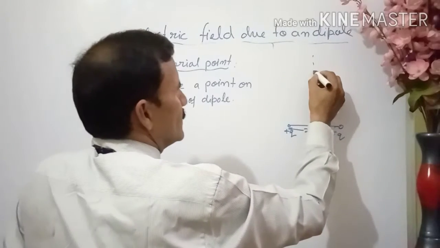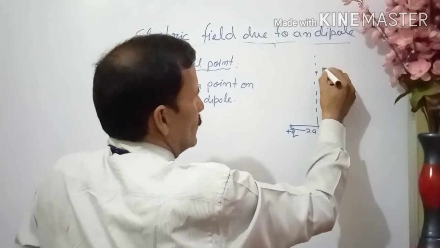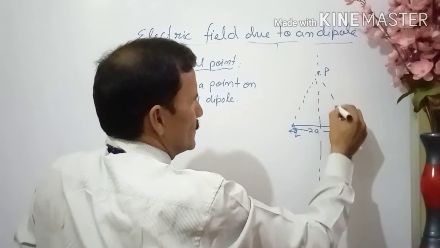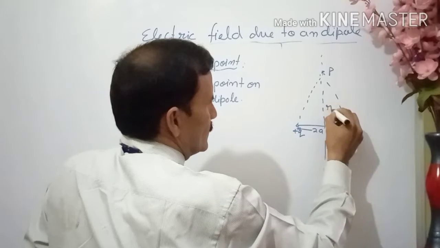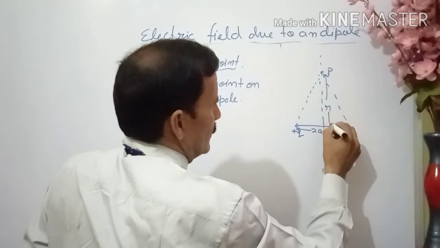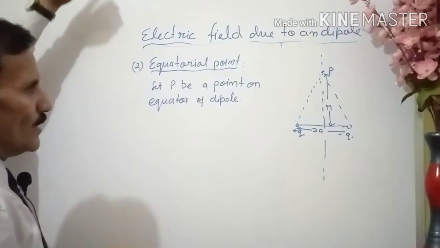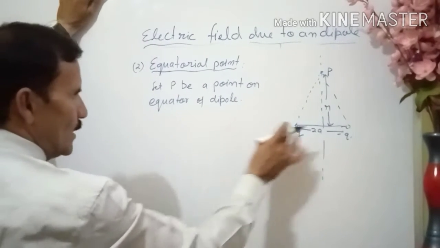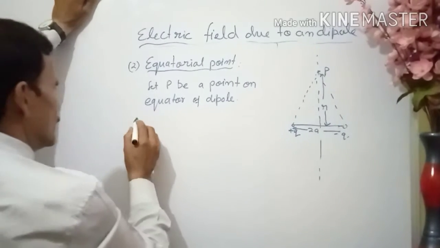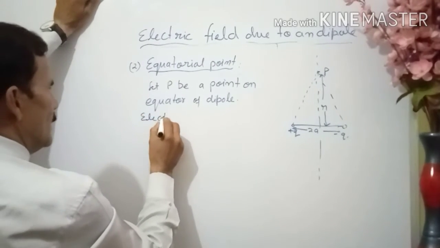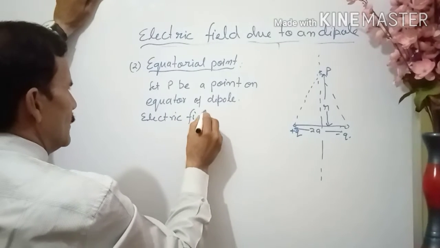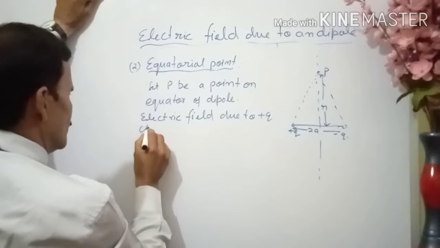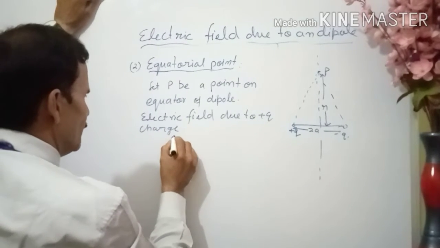So suppose P is here, it can be here or on this side, no doubt, and let us calculate the distance. Suppose it is distance r, it is already on the midpoint, so this distance is r. You are required to find the electric field at point P. So electric field due to plus Q, due to minus Q. So electric field due to plus Q charge, that is E1.